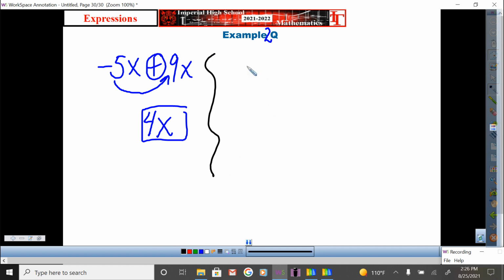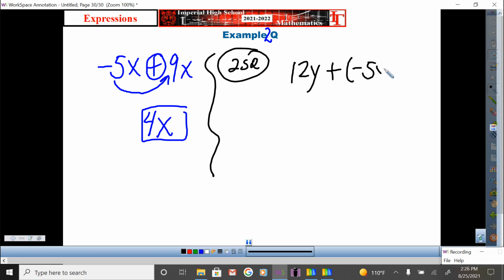Let's do another one. Example 2 super cube. Let's do 12y plus parentheses negative 5y. See if you can answer that by yourself.